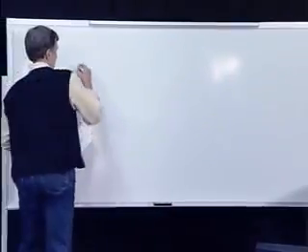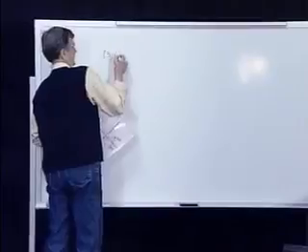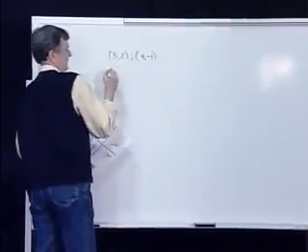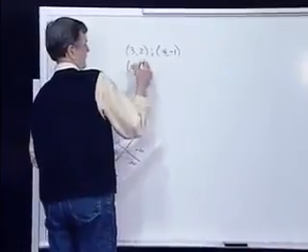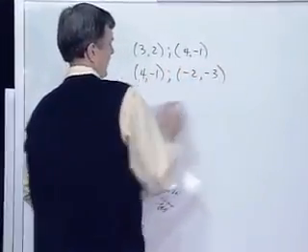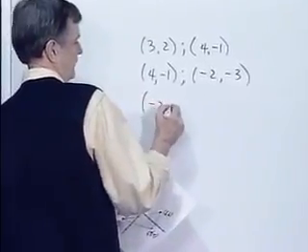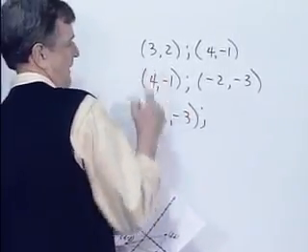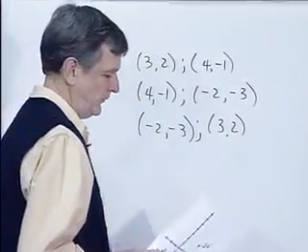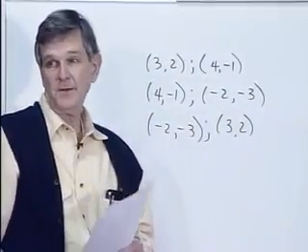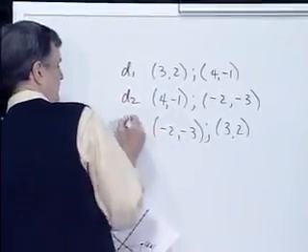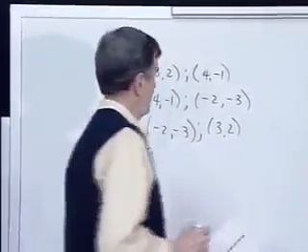Okay, so we have a segment that goes from 3, 2 to the point 4, negative 1. And then we have another segment that goes from 4, negative 1 to the point negative 2, negative 3. And then from negative 2, negative 3, we come back to the point 3, 2. So I want to check each one of those distances and see if they satisfy the Pythagorean theorem. I'll call these distances D1, D2, and D3.